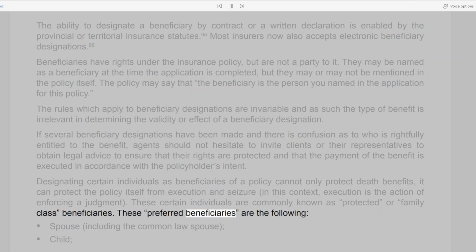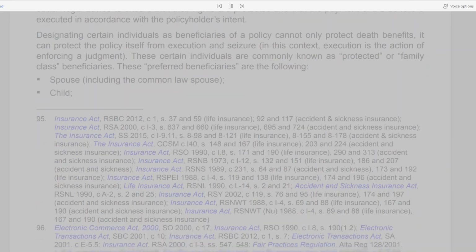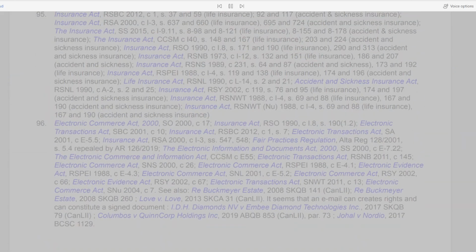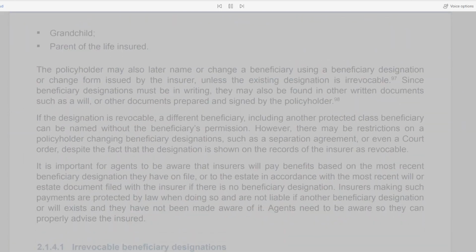These preferred beneficiaries are the following: spouse, including the common law spouse; child; grandchild; parent of the life insured.